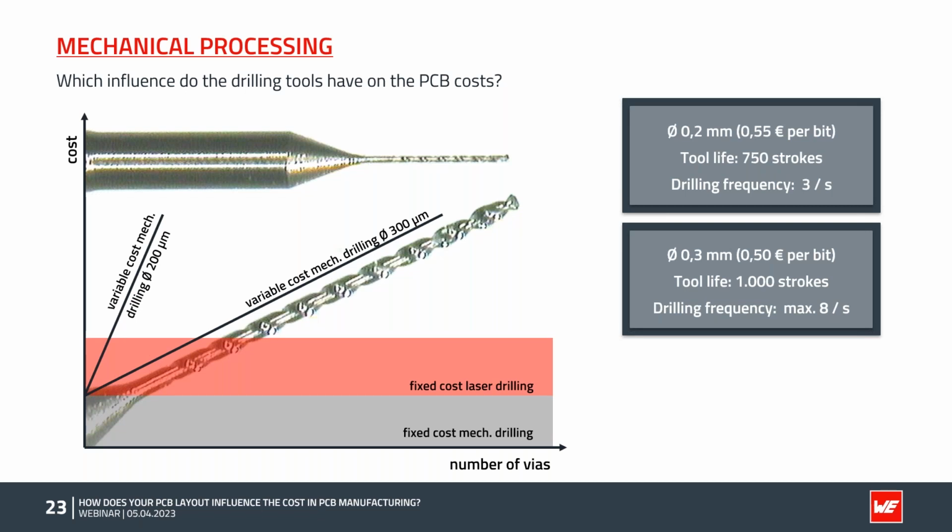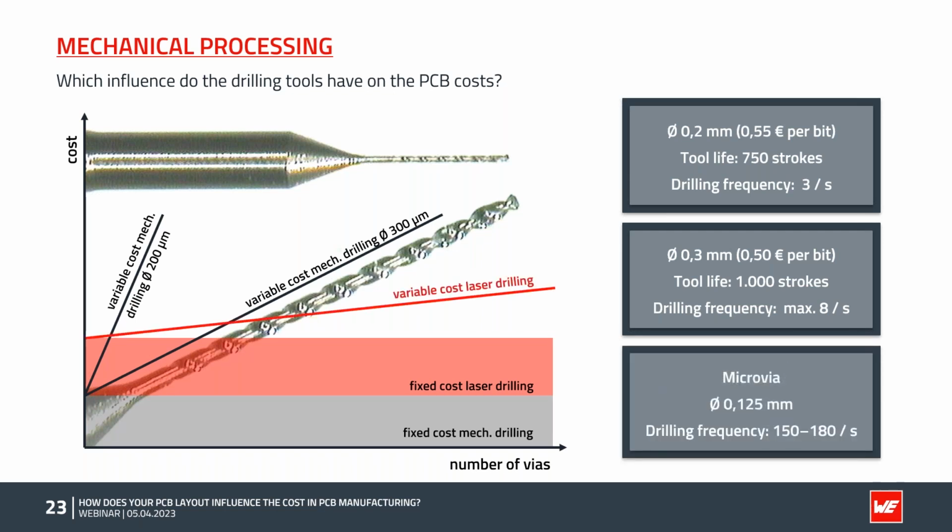And first of all, yeah, the investment in such laser equipment is more. So a machine costs us more than standard mechanical drilling, but the variable costs get less the more wires you have. So sometimes there's a turning point in cost where it could be more beneficial if you switch to laser drilling, because laser drilling on the one hand is just much faster. So you have less processing time and you do not have the drill bits in cost.